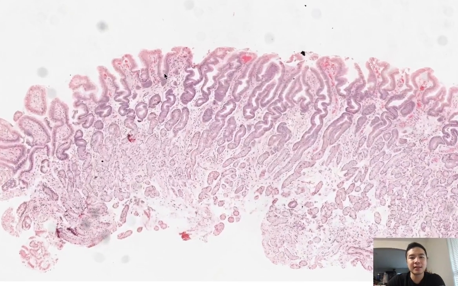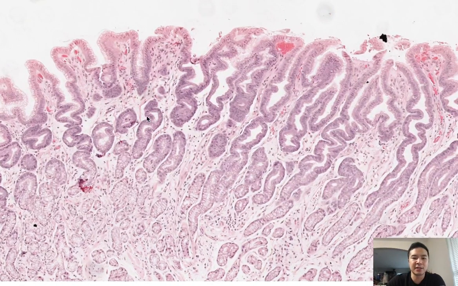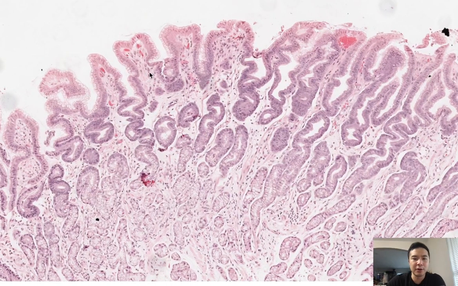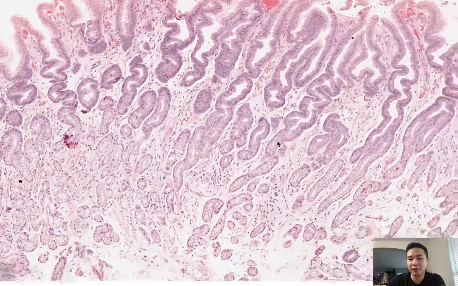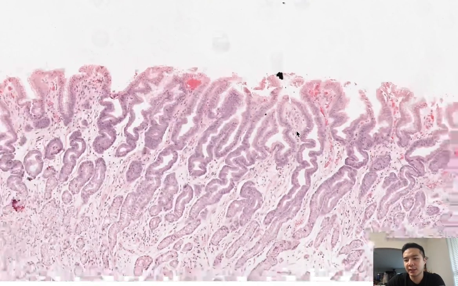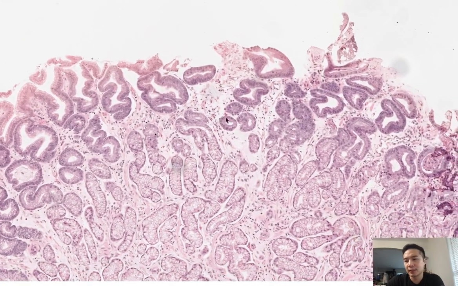And the last thing that you see in reactive gastropathy is this splaying of the muscularis mucosae into the lamina propria, these wisps of smooth muscle. Something akin to what you see in prolapse type change in patients who are constipated and get a rectal biopsy.